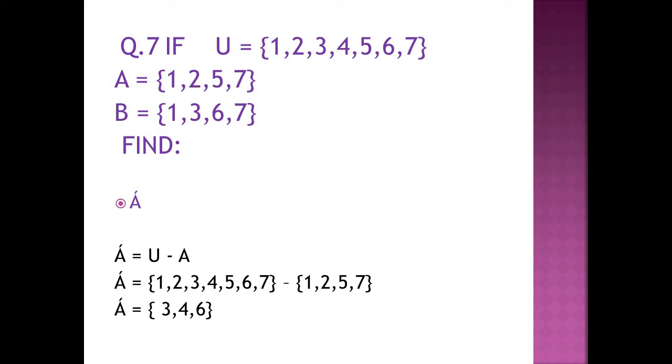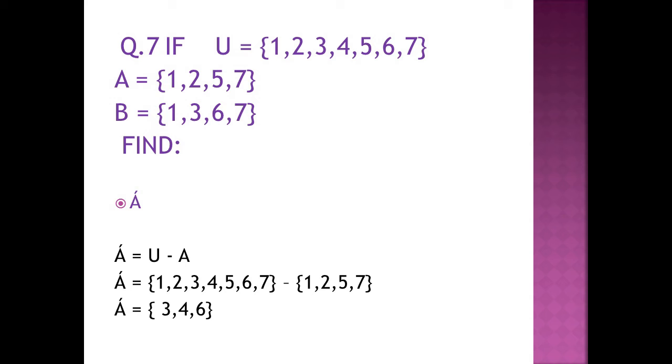One is in the first bracket, one is in the second bracket, it will be cancelled. 2 is in the second bracket and 2 is in the first bracket, it will be cancelled. 3 is in the first bracket, I will write 3 in the complement of the set. I don't have 3 in the second bracket. I have 4 in the first bracket only, I will write 4 in the complement of the set.